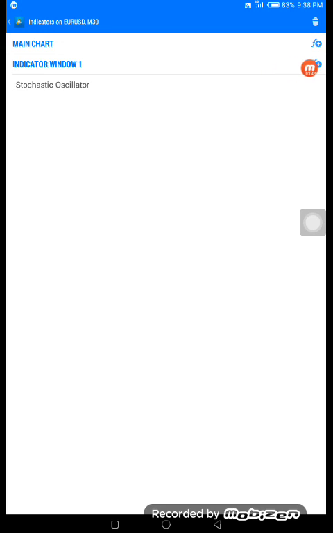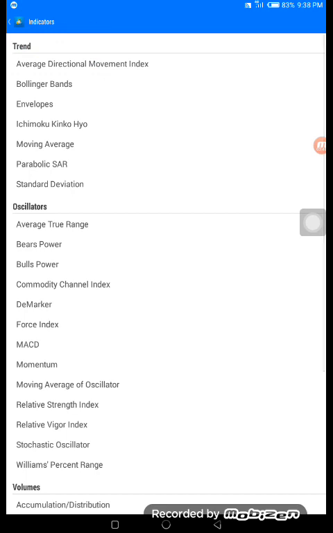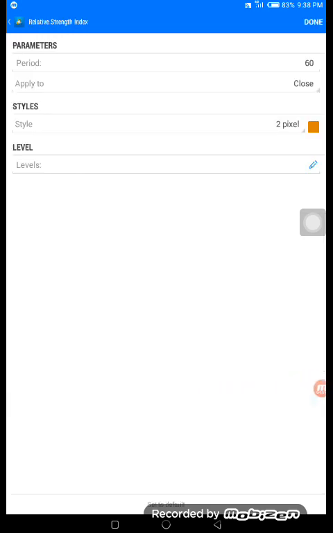You click this F button. Now we're looking for RSI, relative strength index. Relative strength index, RSI. You click on it and you set your setting.